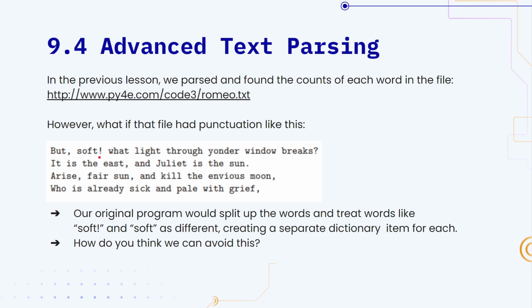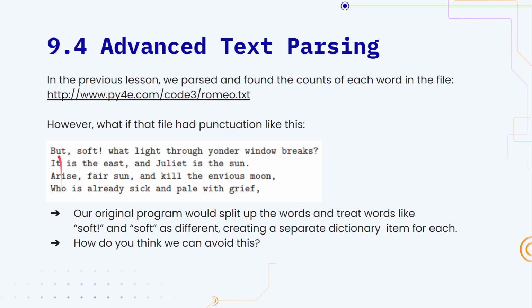A program such as the one we used in the previous video, which you can quickly go back to if you need a reminder, or check your folders for the program, will see words such as soft with an exclamation mark and a regular soft without an exclamation mark as the same thing.